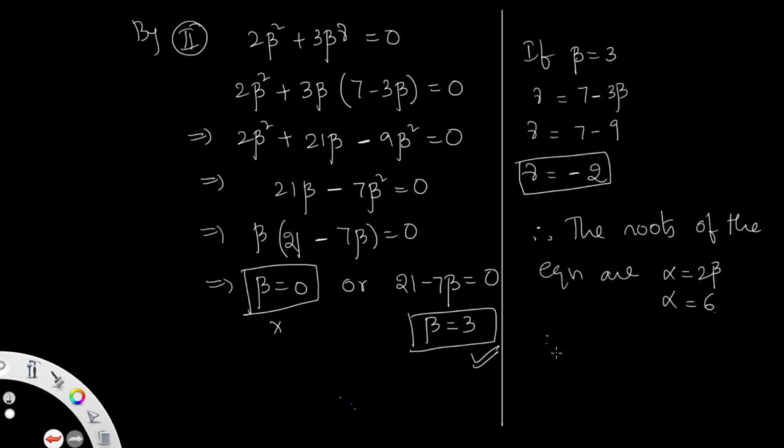That implies 3, 6, minus 2 are the roots. Or else you can write in order, minus 2, 3, 6 are the roots.